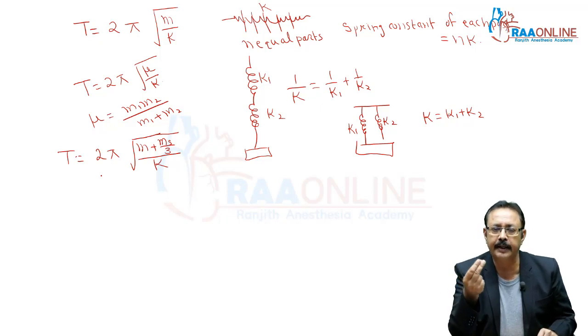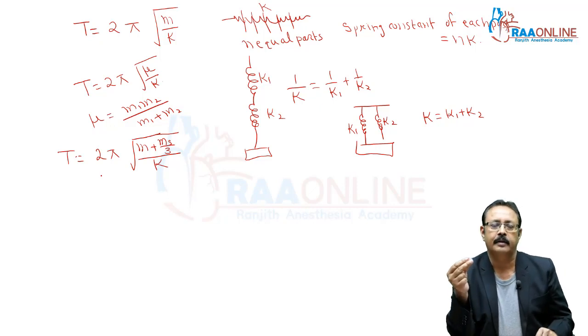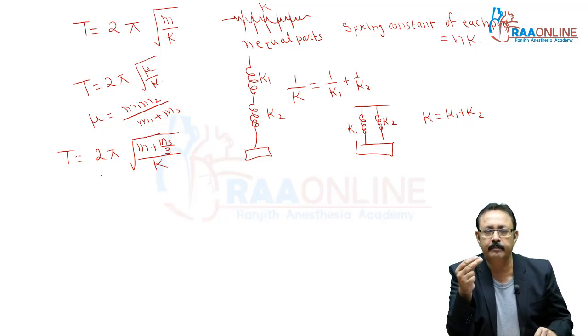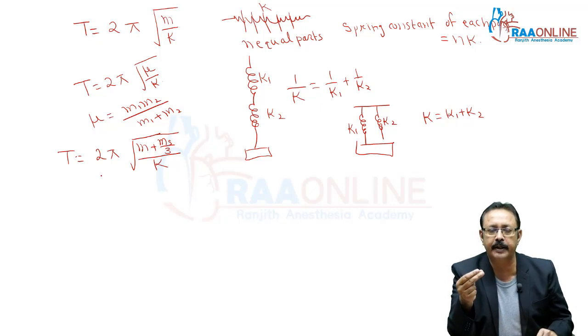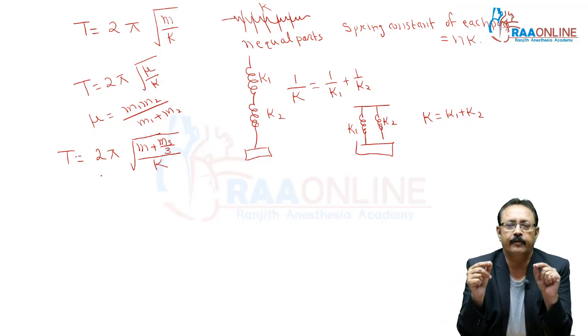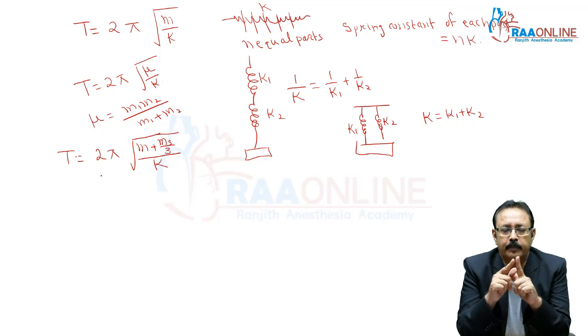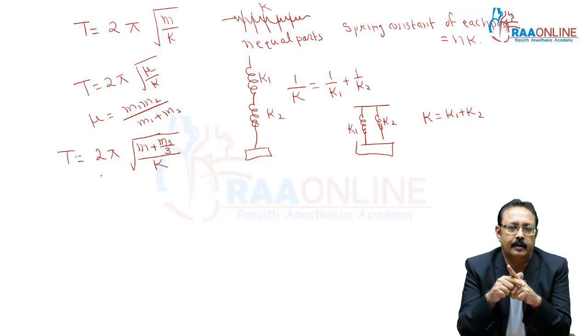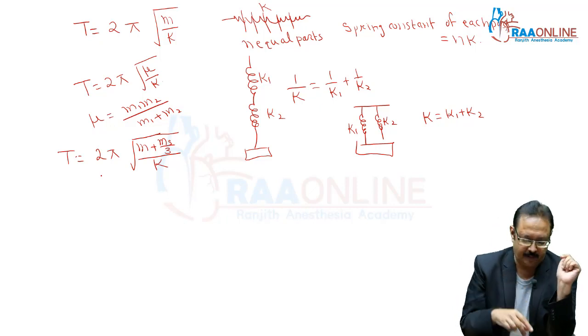Mechanical waves are again of two types, transverse and longitudinal. In transverse waves, medium particles vibrate perpendicular to the direction of propagation of the wave, and in longitudinal waves, medium particles vibrate along the propagation of the wave, and sound waves are longitudinal waves.